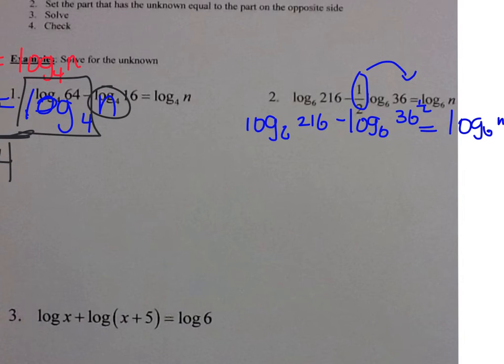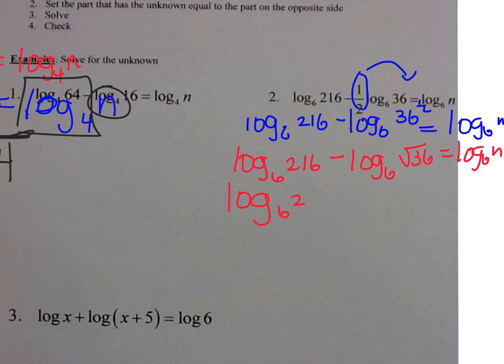Okay, so now the 1/2 power is the square root of 36, so it's log base 6 of 216 minus log base 6 of the square root of 36 equals log base 6 of n. The square root of 36 is 6, so it's log base 6 of 216 minus log base 6 of 6 equals log base 6 of n.